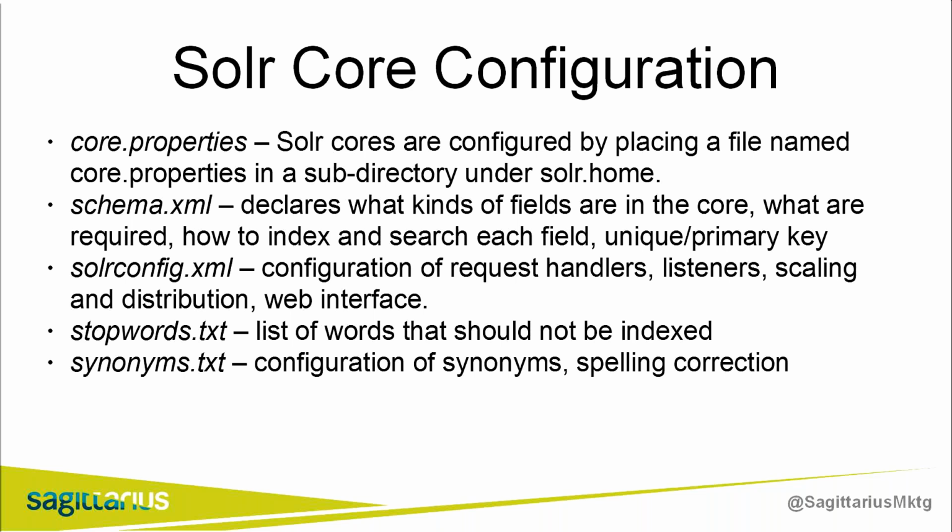Other useful configuration files are the stopwords and synonyms txt files. They contain a list of words that should not be indexed. For example, for the English language, it's articles. You don't need to index A or The for each text, because when you search for A, you will get everything on your site.